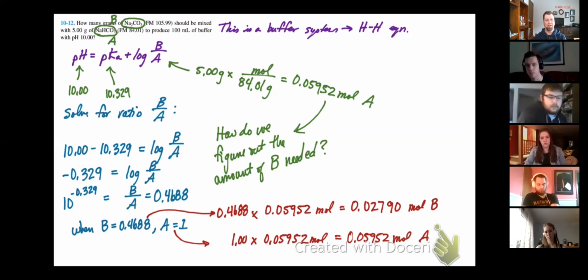The problem is asking us to add two separate sources of the carbonate in order to achieve one final formula concentration. That's a significant difference from previous systems where we've started with all of that carbonate, and then we're adjusting it to a specific final pH with strong acid or strong base. And we've been asked to figure out how much to do. So just a different way to think about it.